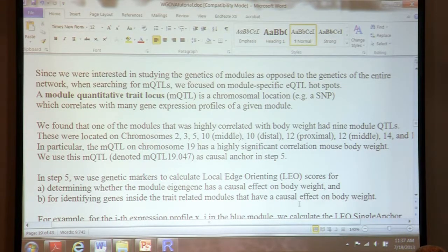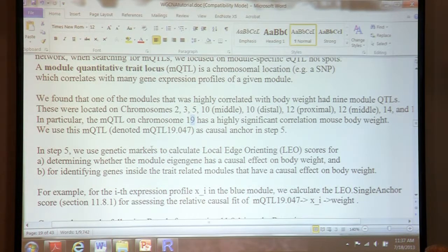For the blue module, we actually found 9 such module QTLs, but there was one QTL on chromosome 19 that was particularly exciting because not only did it affect a lot of genes inside the module, but also it had a significant correlation with mouse body weight. And therefore, we focused on this one SNP as a causal anchor of the entire edge orienting analysis.